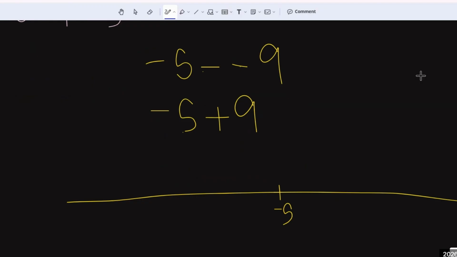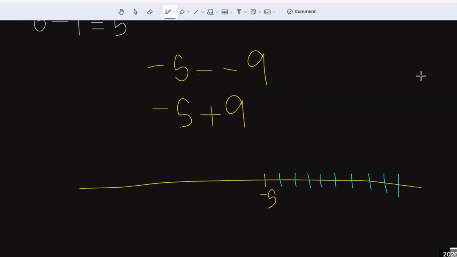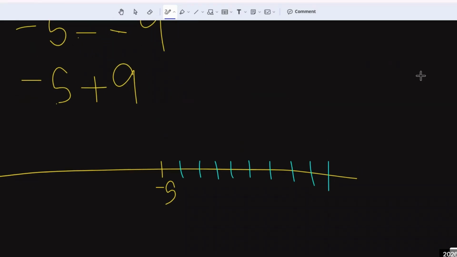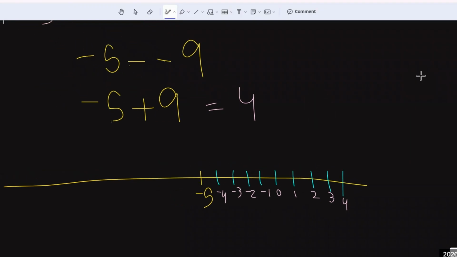But you have a plus 9, which means you need to go right-hand side, 9 digits. 1, 2, 3, 4, 5, 6, 7, 8, 9. You need to go 9 units right. Let's count now. The number after minus 5 is minus 4, and then minus 3, minus 2, minus 1, 0, 1, 2, 3, 4. So that's why my answer is 4.